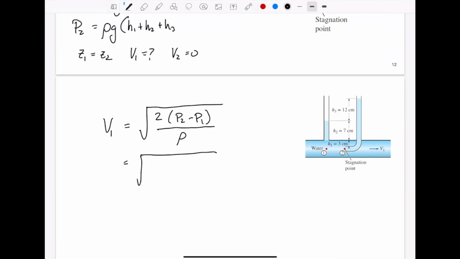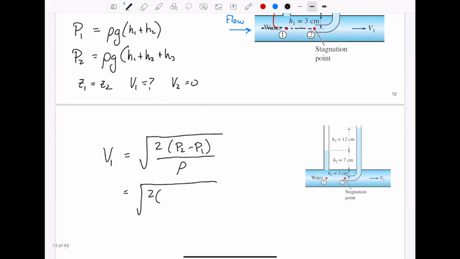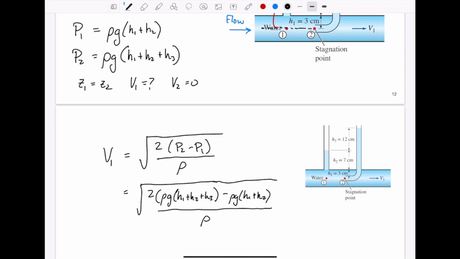So that's equal to 2 times, P2 was equal to rho g times (h1 plus h2 plus h3), minus rho g times (h1 plus h2), all divided by rho.